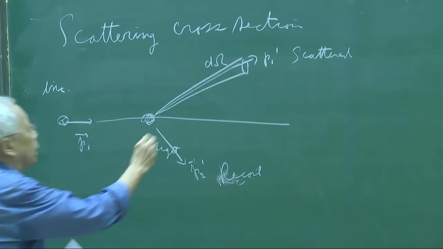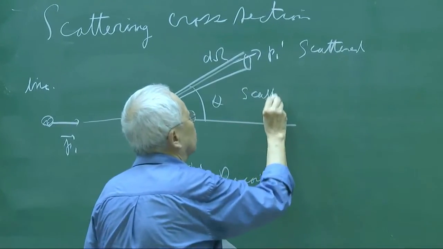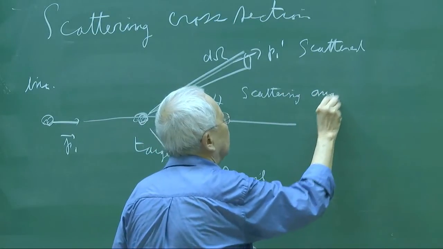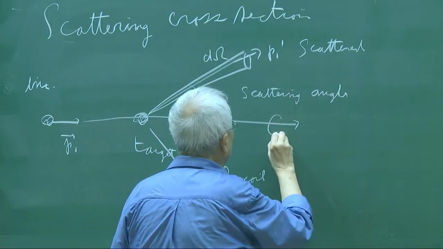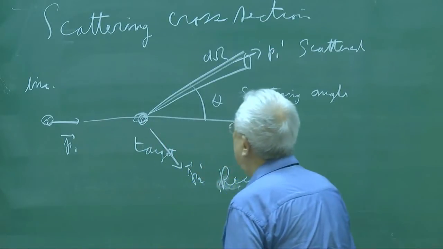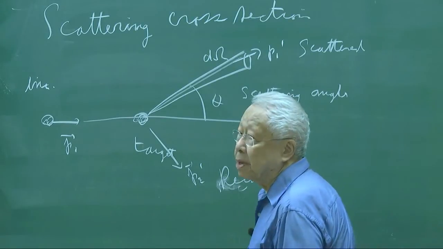And this angle is theta, the scattering angle. And the angle around here is phi, the azimuthal angle. Sometimes it depends on phi, sometimes it does not.